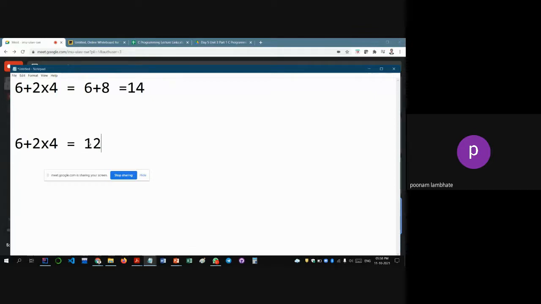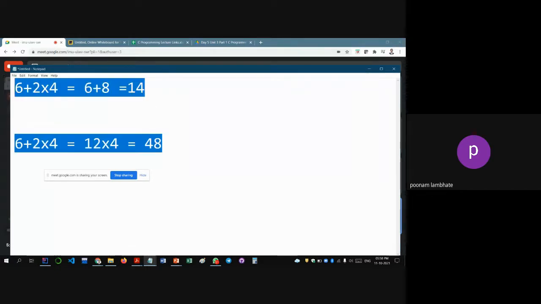And then 12 into 4 is nothing but 48. So as you can see, if I give the order of operation wrong, if I do not decide which one to do first properly, if I do anything first, anything last, then I'm getting a different output, which will be wrong. So that is why we need to follow certain rules.